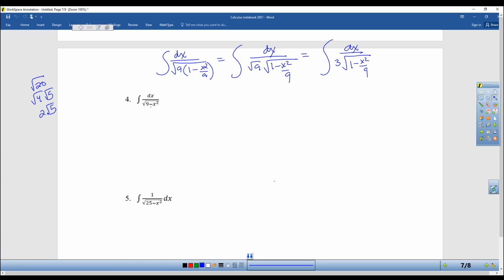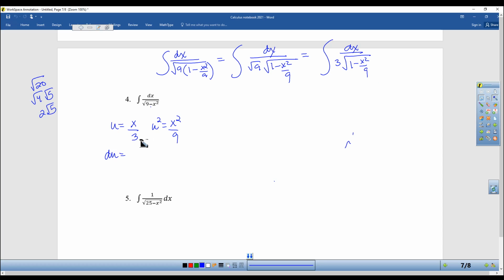All right, once you get there, then you have to ask yourself, what is my u? So u is going to be x over, careful, 3, because that would give me the u squared is equal to x squared over 9 that I see there.